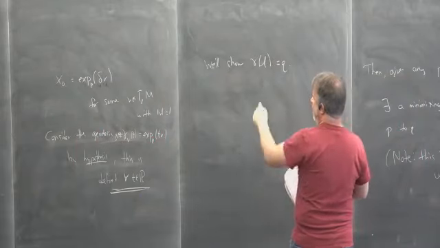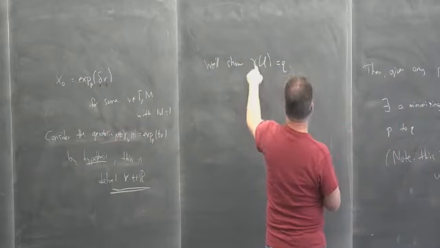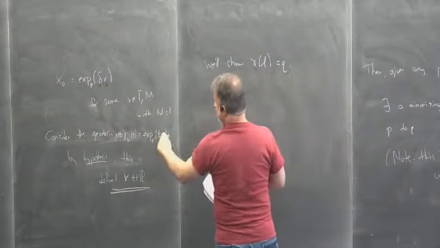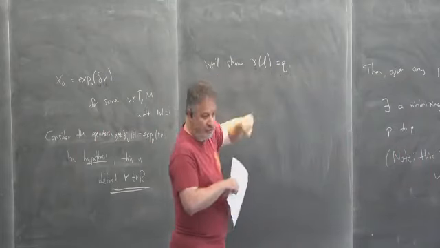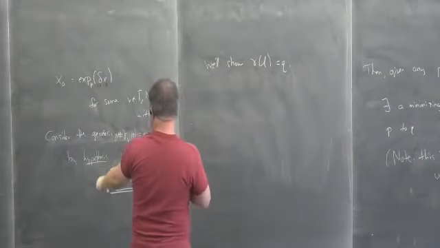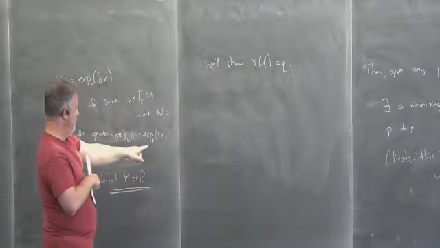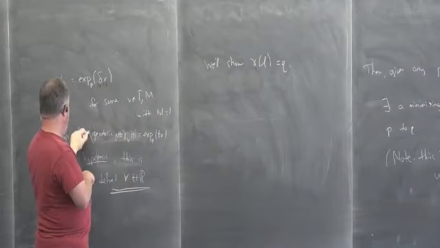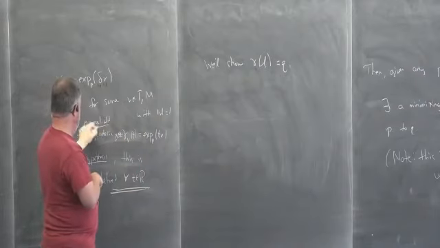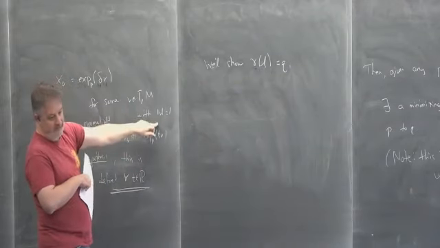This will complete the proof because that means that this is a geodesic. It goes through P, right? Gamma of 0 is P, and gamma of L is Q. So it's a geodesic joining P to Q, and it has length L. So this is unit speed because V is a unit vector. This is a normalized geodesic. The initial velocity of this is V, and V has length 1.